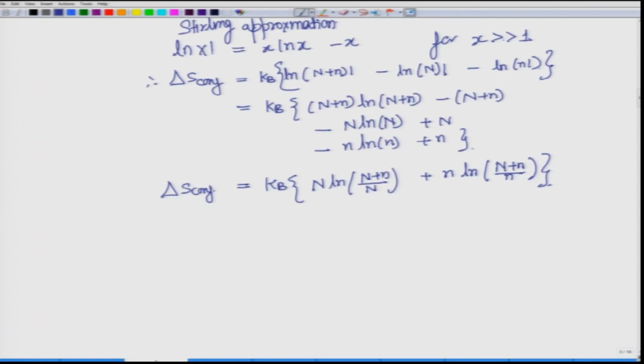For example, as you can see, this n plus N over here, number of vacancies would always be very small compared to number of atomic sites.